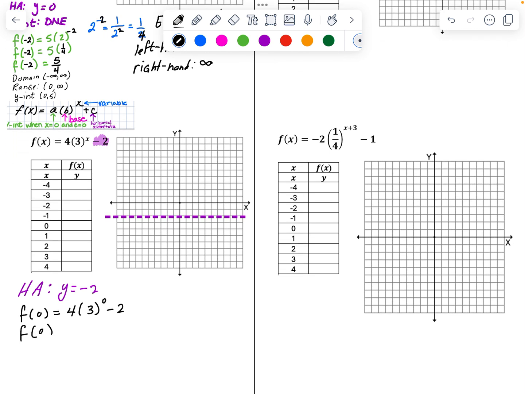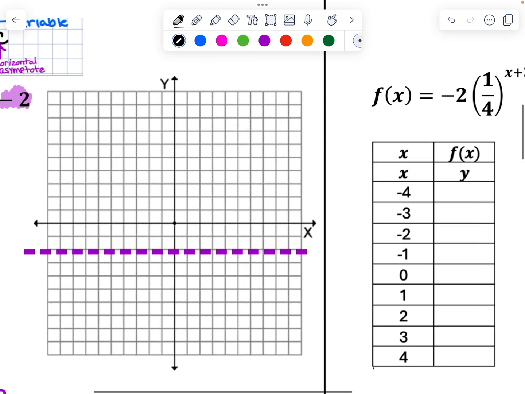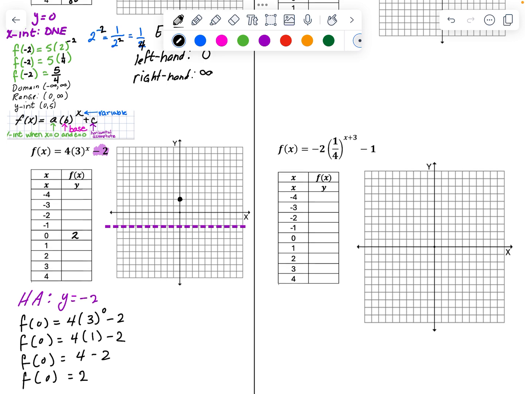So 3 to the 0 is 1, so 4 times 1 minus 2. That is 4 minus 2, which is 2. So we have the point (0, 2). So we're going to plot (0, 2), and (0, 2) is right there.